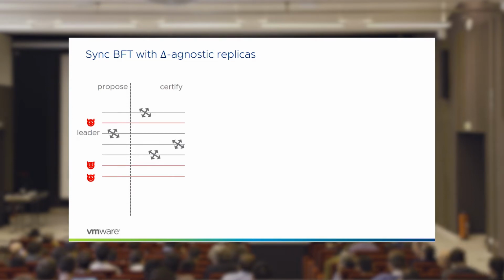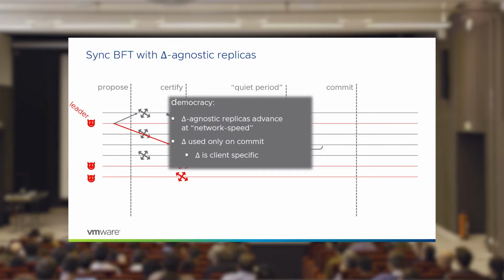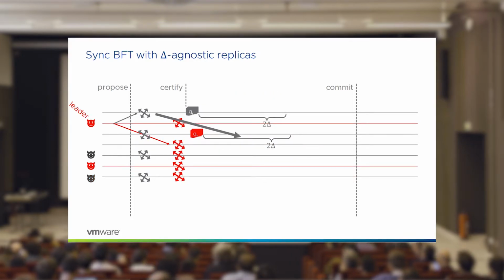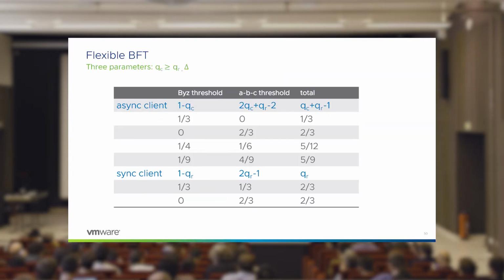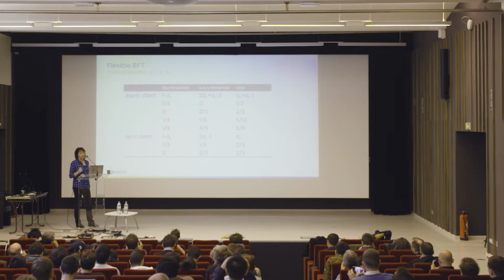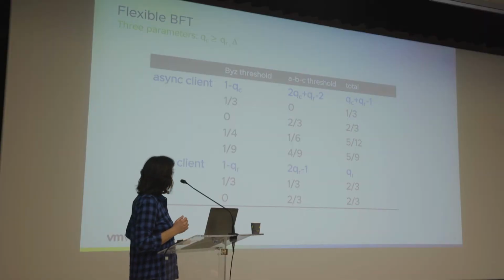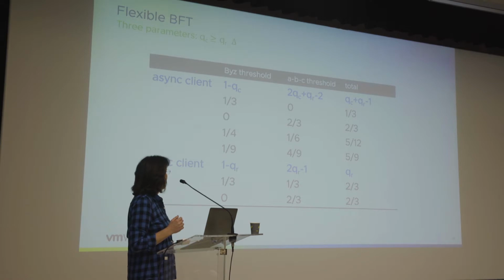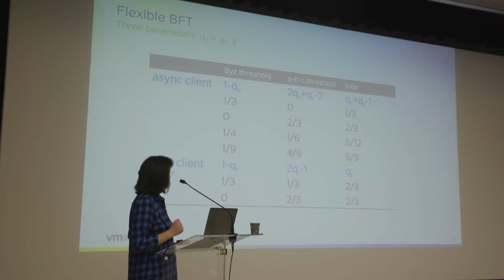So this is what you get in the end. Let me skip. So this is the same protocol by pictures, in case the verbal description was too fast. And this is what you get in terms of resilience bounds in this protocol for the synchronous setting. So for the synchronous setting, ignore the R here, which is another parameter we can introduce.